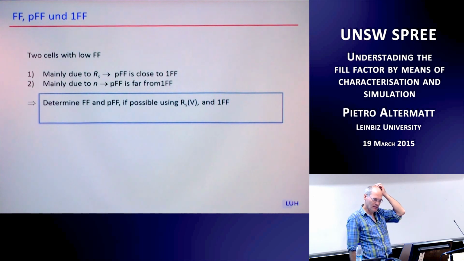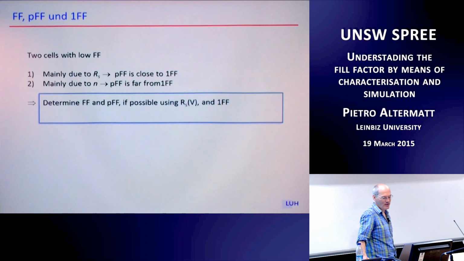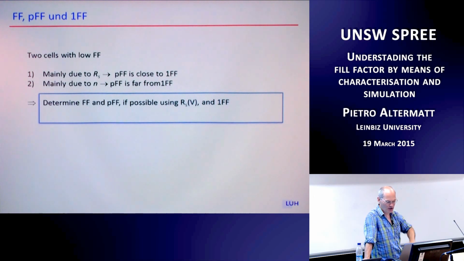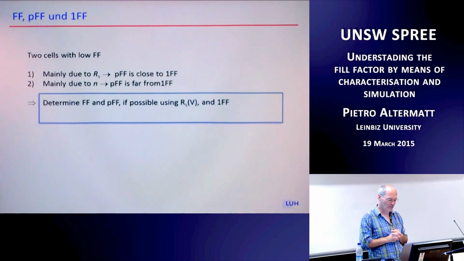Though, when you got two cells with a low fill factor, and the main reason for the low fill factor is RS, then the pseudo fill factor, after correcting the IV curve with RS, is close to the unity fill factor. But if it's mainly recombination stuff happening, like a saturation mechanism, then the pseudo fill factor stays quite far from the unity fill factor. And this is a good indication of which direction you should head in improving your cell.